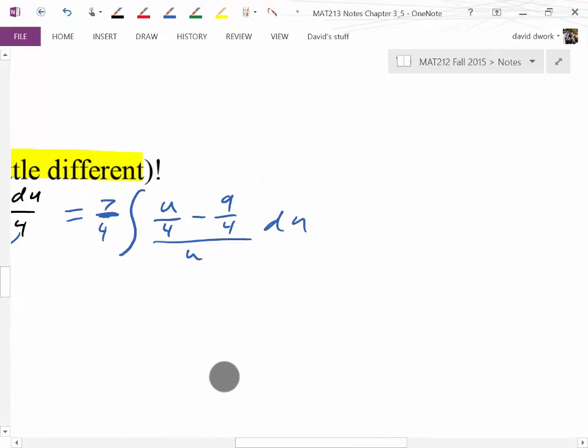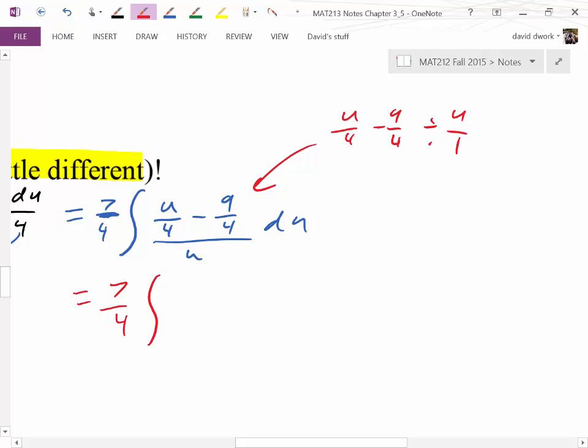And using a little bit of algebra trickery, you could look at it like this. This is u fourths minus 9 fourths divided by u over 1. And how do we multiply fractions? Well, we flip and multiply, so that'd be u fourths minus 9 fourths times 1 over u. And with multiplication, we would just be distributing through. So that would give me what?